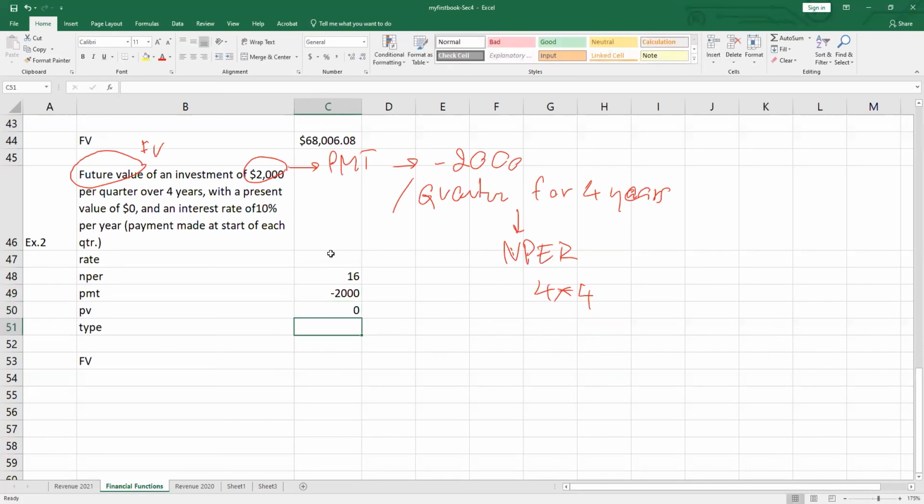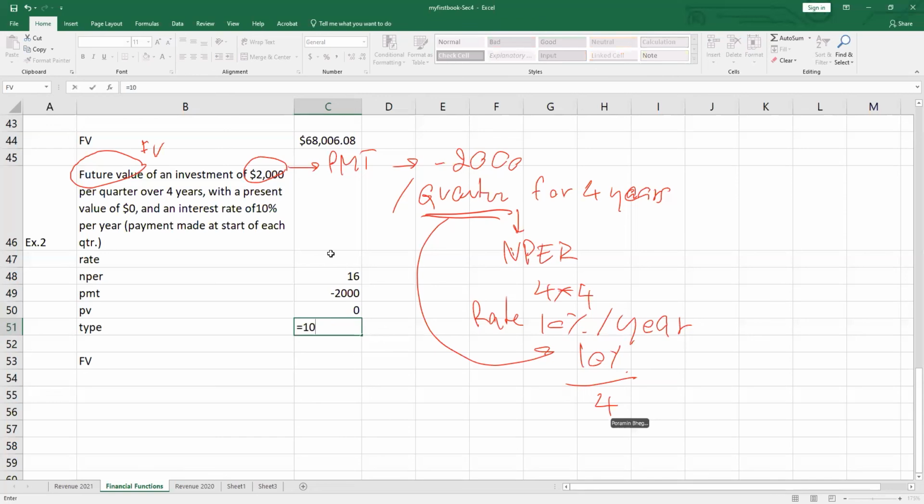Interest rate of 10% per year and you pay quarterly, then you have to change the rate to be the rate per quarter. That means you have to divide 10% by 4. Sorry, I put the wrong one.